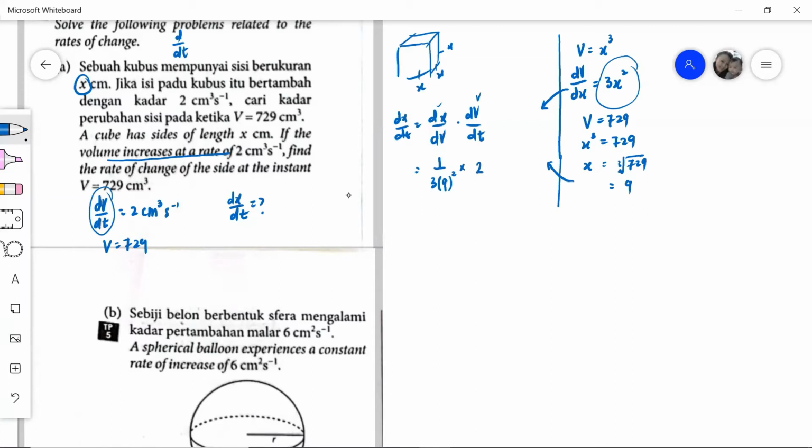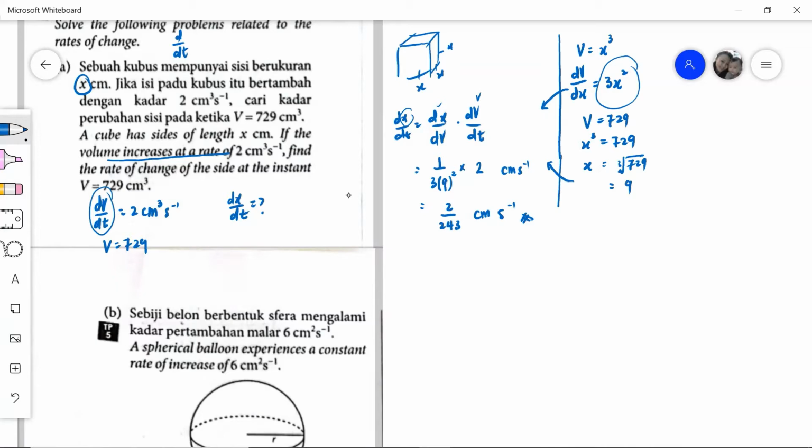Because this is the rate of change of the side, the unit must be cm per second. Simplify this: we have 2 over 81 times 3, so 2/243 cm per second. That's it. We just found the rate of change of the side.